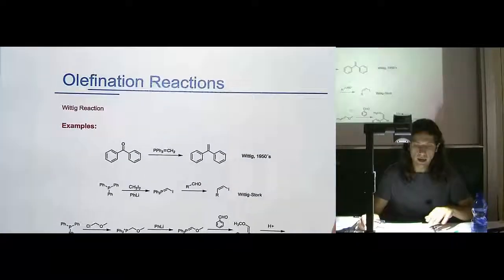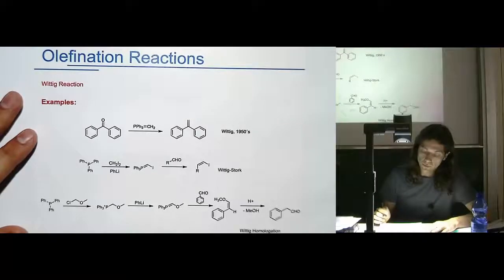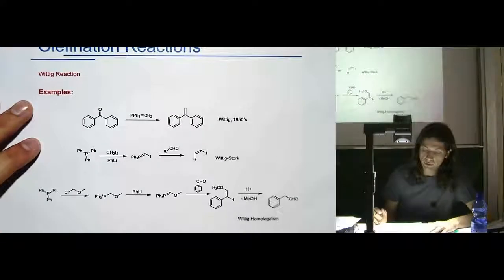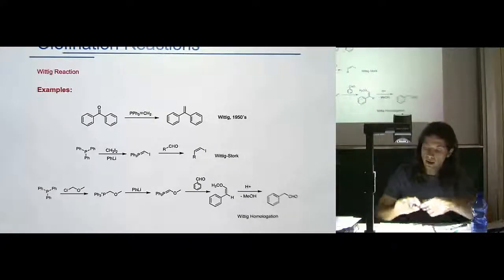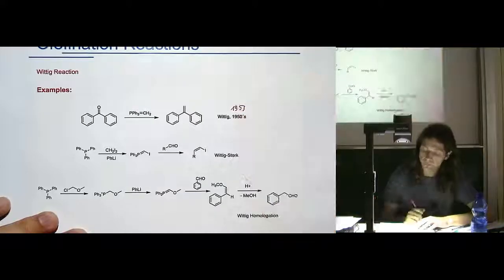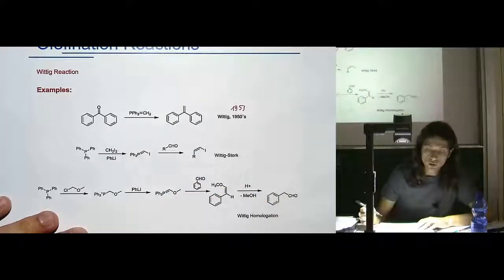One of the first examples that were published is shown here. It's a very straightforward reaction, but it was the beginning of a whole evolution that has taken place with the Wittig reaction. This was, as I said, in 1953.